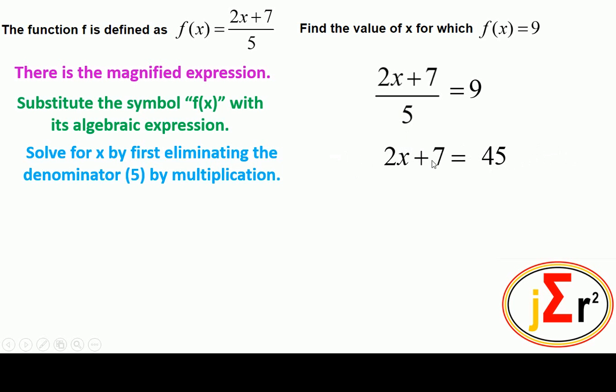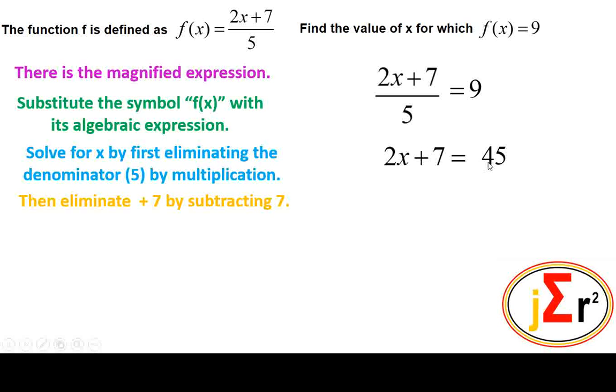We next need to eliminate the 7 that is added. And we will eliminate the 7 that is added here by subtracting 7. And we will do the same on the right-hand side. By subtracting 7 from the left-hand side, this 7 will be eliminated.